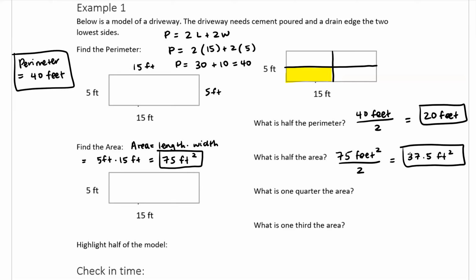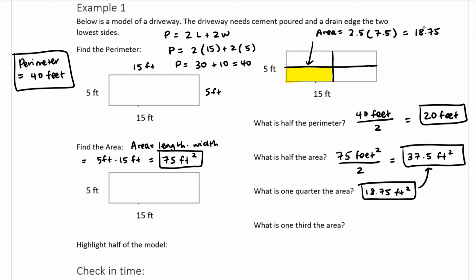So the way that I could get that area-wise is I could multiply 2.5 times 7.5. So if I did that, that gives us 18.75 feet squared. That should also be half of this number. So I'd like you to verify that if you do 37.5 divided by 2, that will give you 18.75 as well.